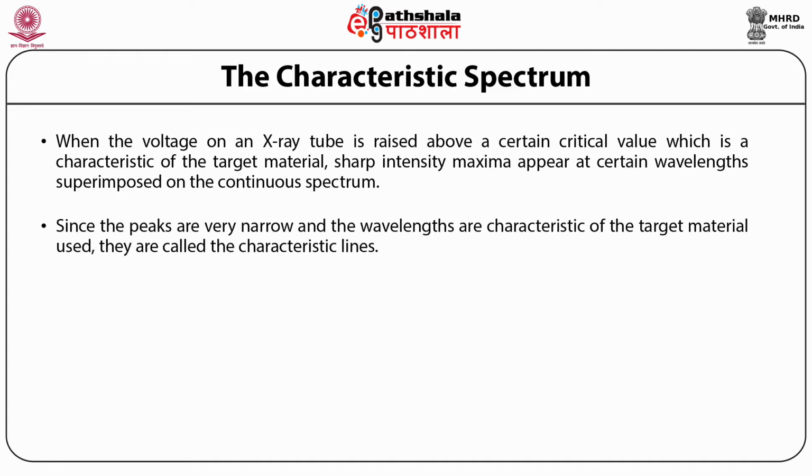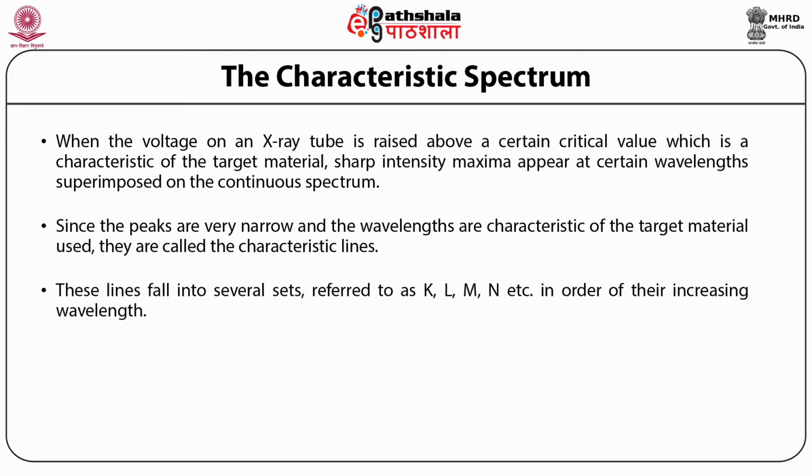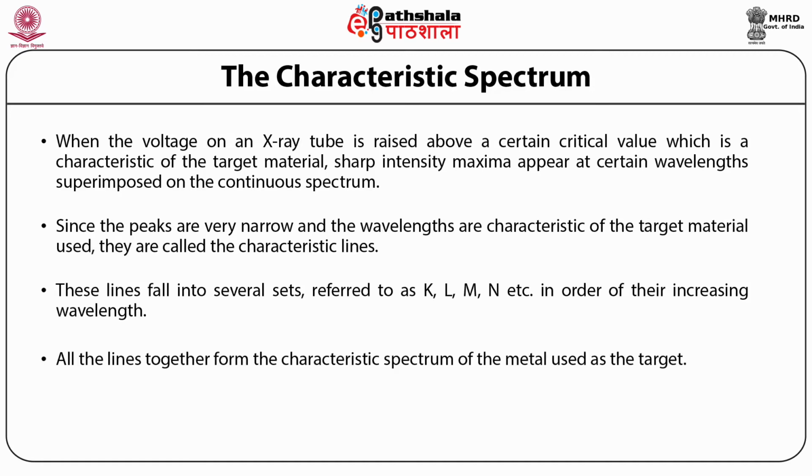Since the peaks are very narrow and the wavelengths are characteristic of the target material used, they are called the characteristic lines. These lines fall into several sets referred to as K, L, M, N, etc. in order of their increasing wavelength. All the lines together form the characteristic spectrum of the metal used as a target.